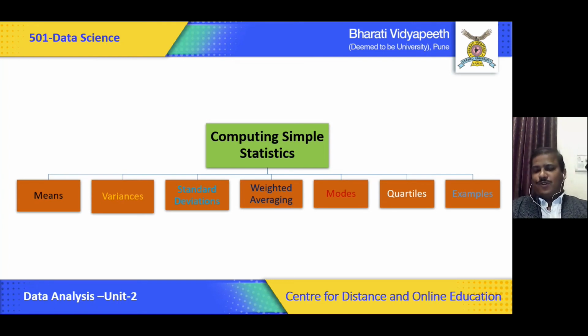Now next we'll have computing simple statistics. As far as your syllabus is concerned, we have different kinds of units. We have statistical analysis like mean, median, mode, variance, standard deviation, weighted average, quartiles. You can go for other parts of statistics, advanced statistics also.